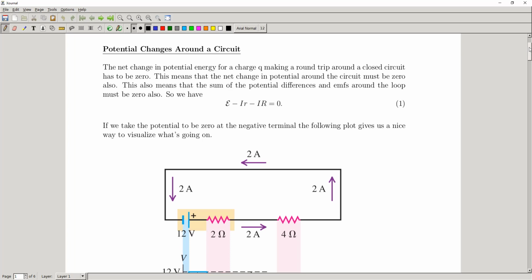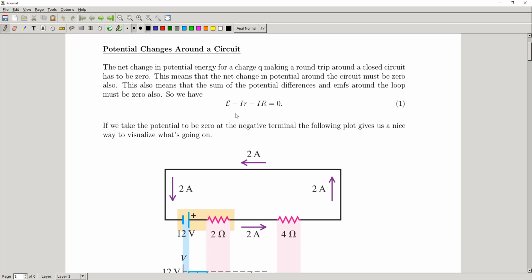If there's no change in the potential energy, the potential must also be zero, right? And this means that the sum of the potential differences and the EMFs around the loop must also add up to be zero. And so we end up with this expression here. We can imagine that this would officially be our EMF, and this is the internal resistance of whatever the source is that's providing this EMF.